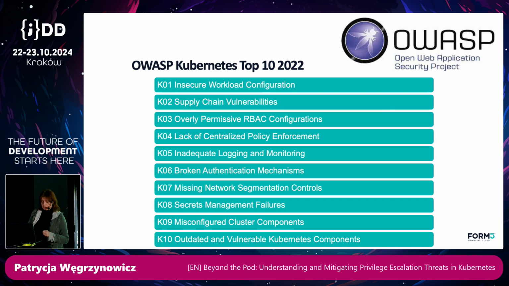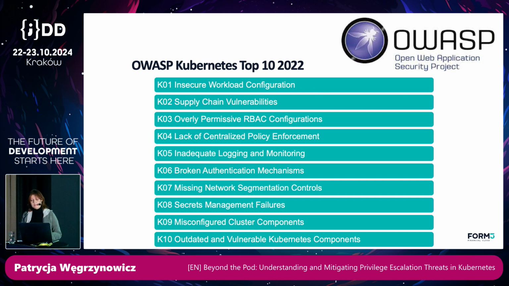Obviously, secrets management failure, some leakage of tokens, passwords, or secrets in general can lead to some privilege escalation as well. And obviously, lack of, for example, proper authentication or authorization management, like misconfigured cluster components, can also lead to some privilege escalation.